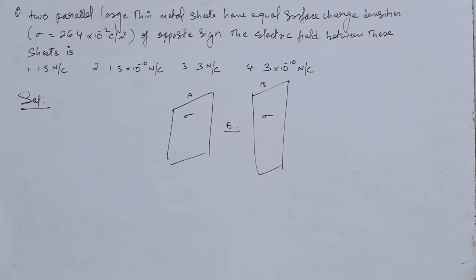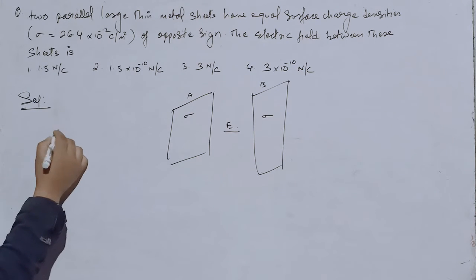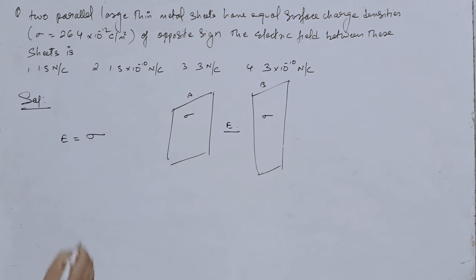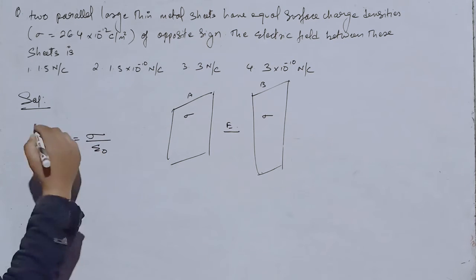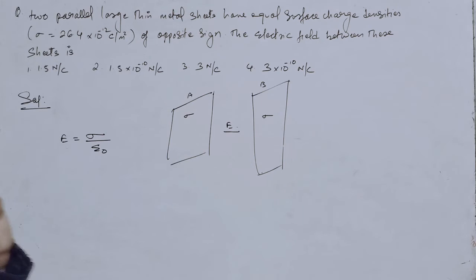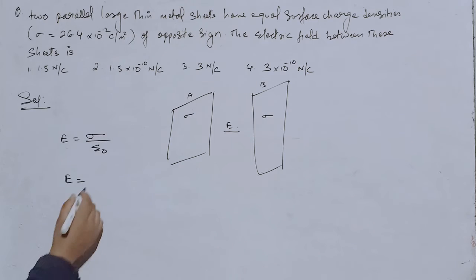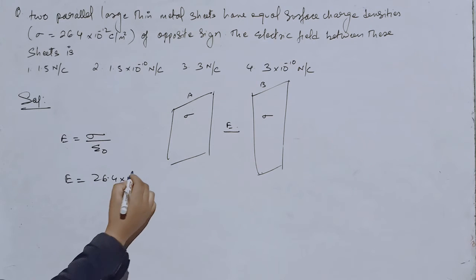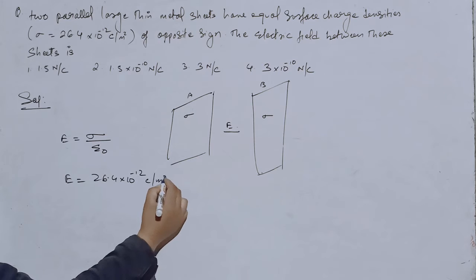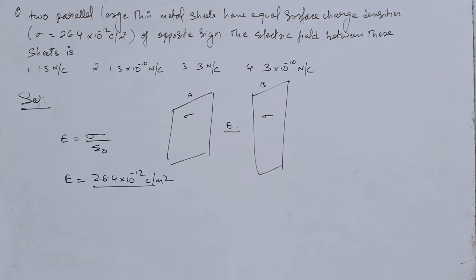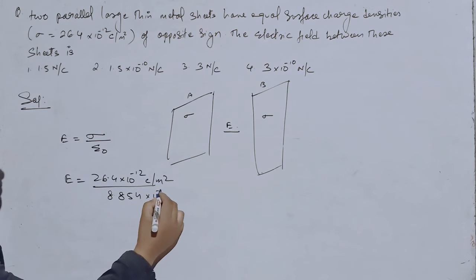The electric field between the two parallel plates is given by the surface charge density divided by epsilon naught. So E equals sigma by epsilon naught, which is 26.4 into 10 to the power minus 12 coulomb per meter square divided by epsilon naught, 8.854 into 10 to the power minus 12.